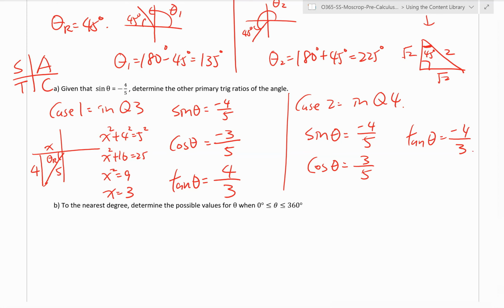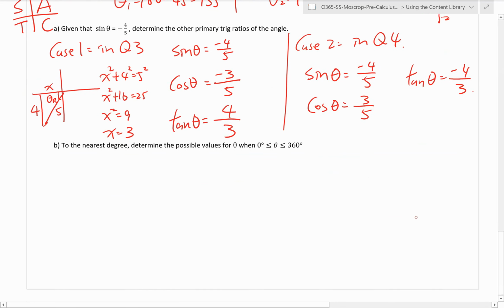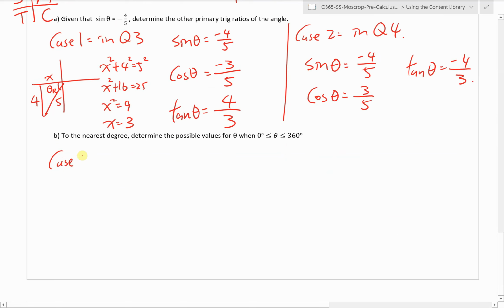Okay, part B, to the nearest degree, determine the possible values of theta for theta between 0 and 360 degrees. So for case 1, we need to find the reference angle. To do that, we simply take the inverse. I'll take the inverse sine, because that's given in the question, so there's no way there's a mistake there.